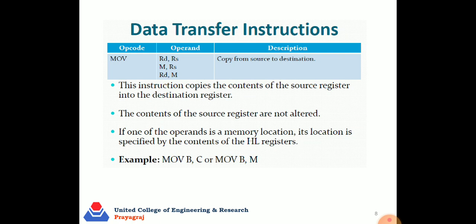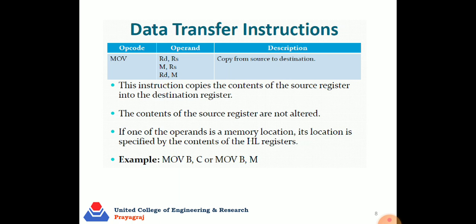So we have examples, like the first instruction MOV, move RD comma RS. Here RD is the destination register and RS is the source register.